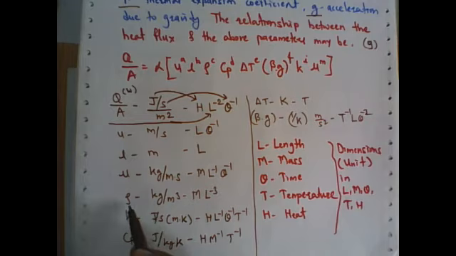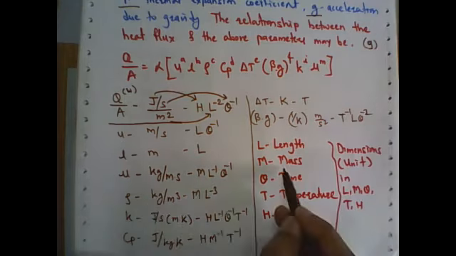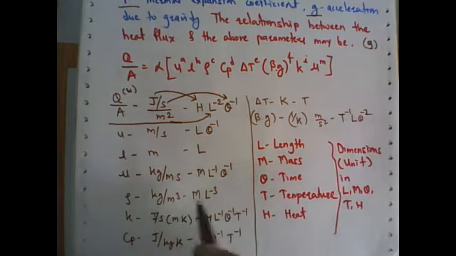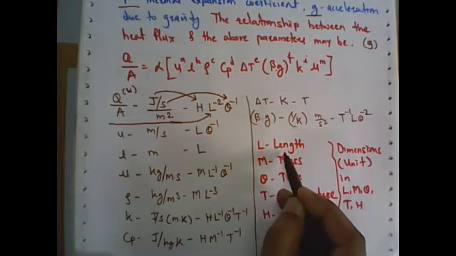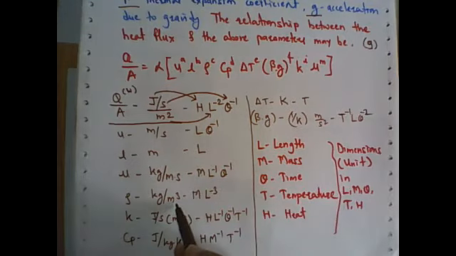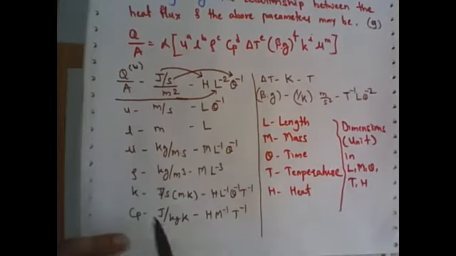Then density, the unit of density is kg per meter cube. So this kg is nothing but the mass, so it should be capital M. Then per meter cube, so this length in terms of meter, but it is per meter cube, that is why it is L raised to minus 3. Then in a similar way, thermal conductivity, joules per second per meter Kelvin.